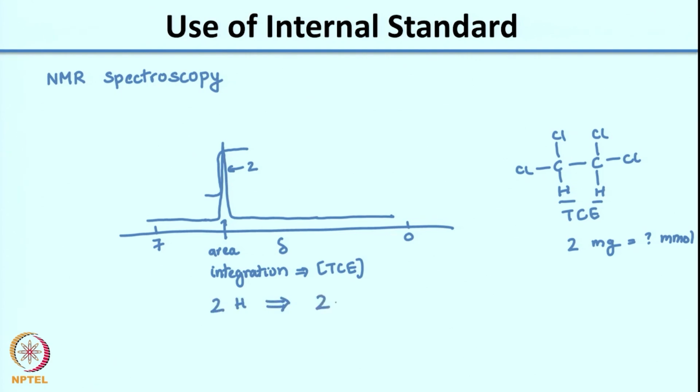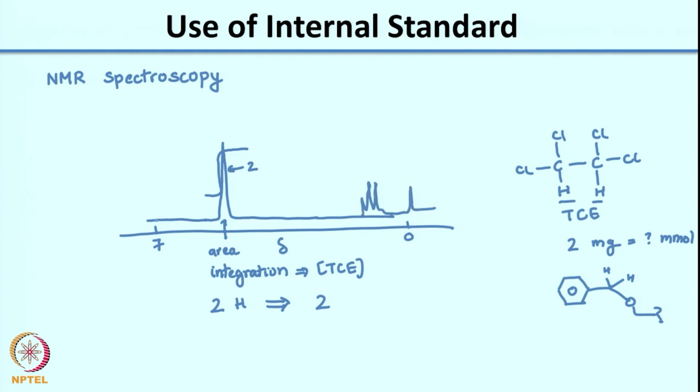Now suppose in the same flask I have my reactant, and say we are looking at the reactant protons and the rest of the reactants. Typically your NMR spectrum would be pretty complicated. So you can imagine that you would have peaks in this region.